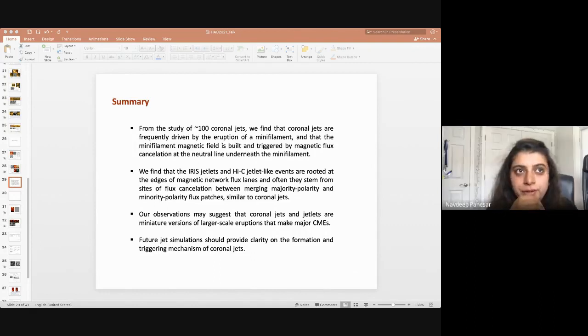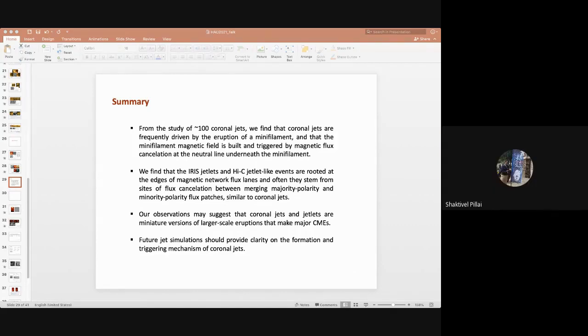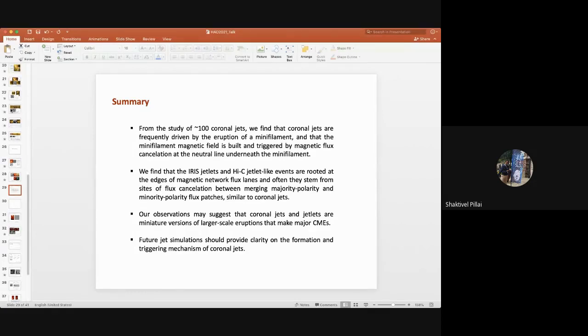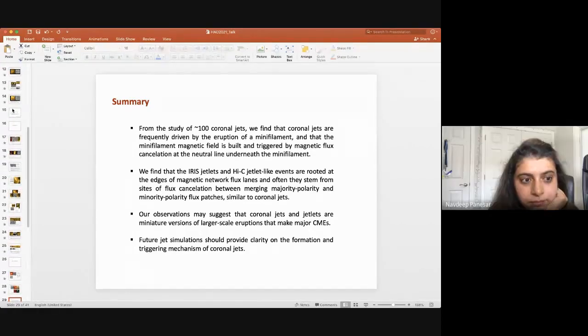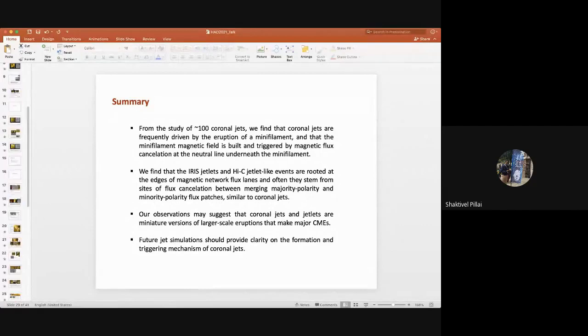How often you mean? I'm sorry, I couldn't get the first part. The question, like during your initial slides, you said that when you have a bipolar region, it comes closer, and then you have this flux cancellation over there, and then you have filament formation.